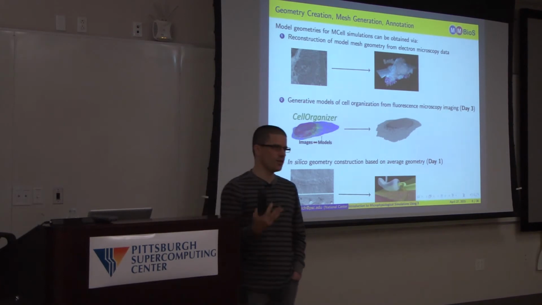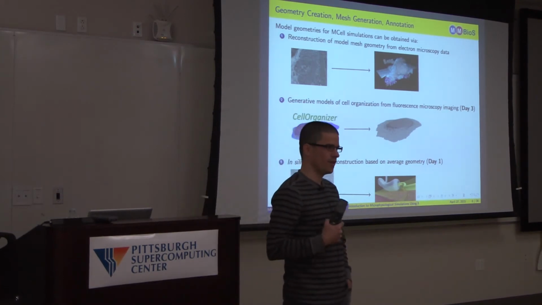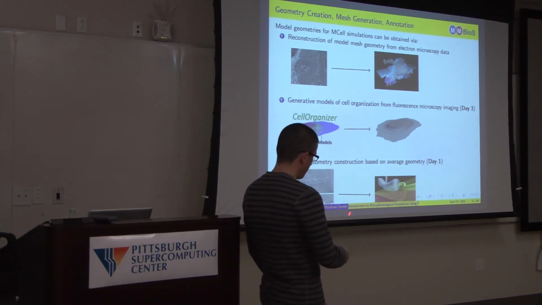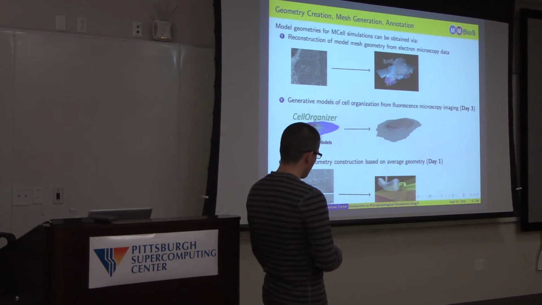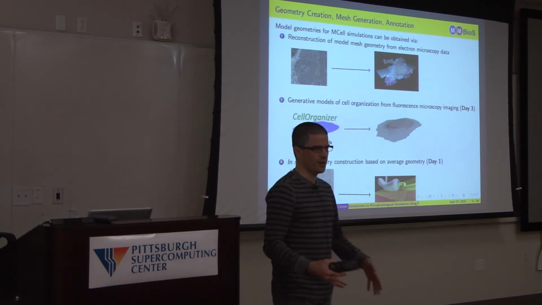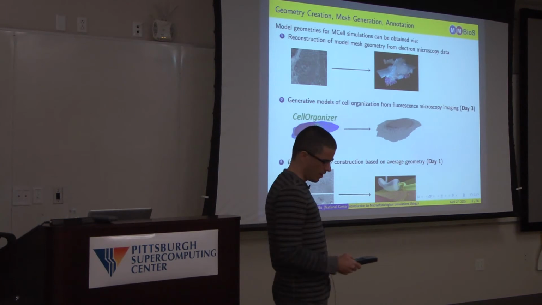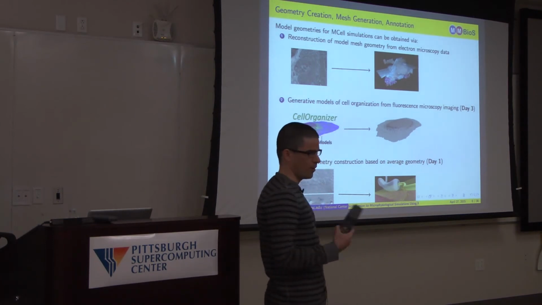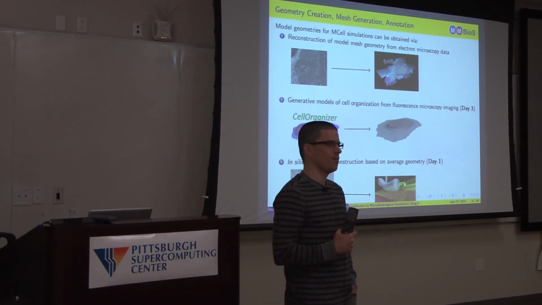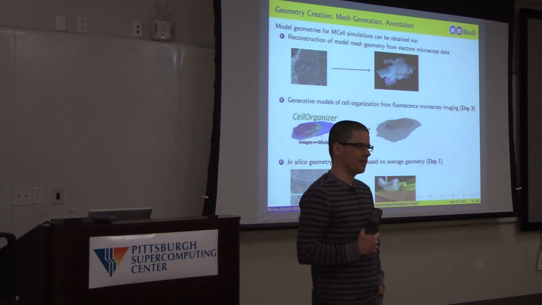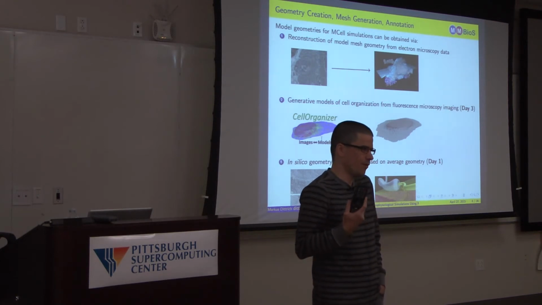You know where stuff is in the cell based on fluorescence tagging. And in this case, I think it's fairly clear. You have to know where stuff is in the first place because you're building it from scratch. So in a model like this, you presumably know where your important ingredients are. But it's something one has to think about.